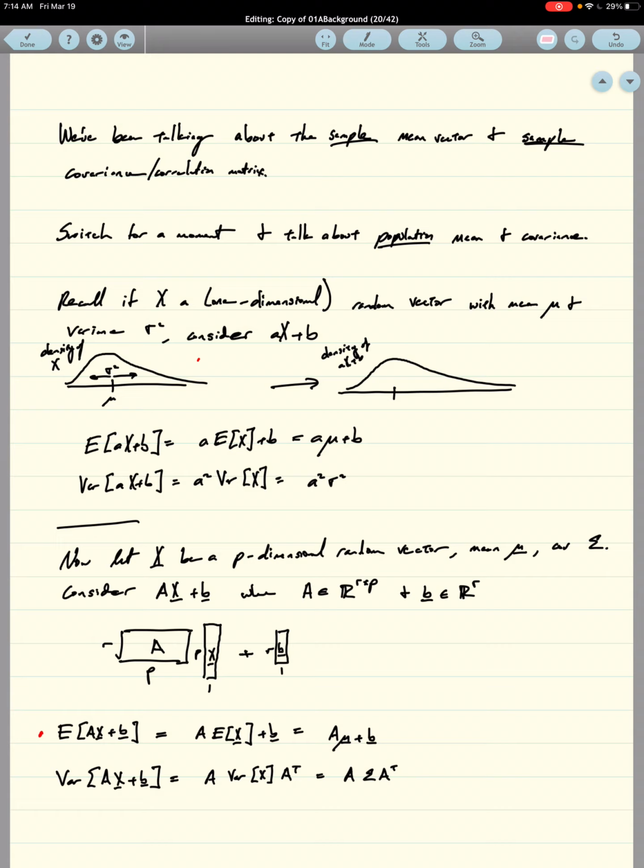So the expectation can be moved inside because this is a linear function in p-dimensional space, and we just end up with A times mu plus B. You'll notice that the dimensions still agree because mu would be a p by 1 vector, and so we would have essentially the same picture as above in terms of dimensions.